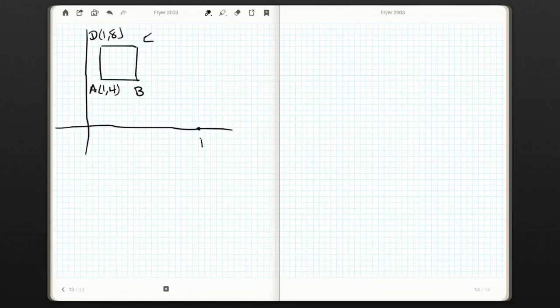We have a point P down here. P is 10, 0.